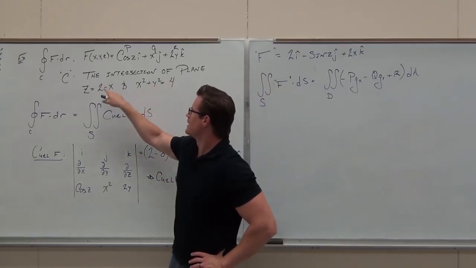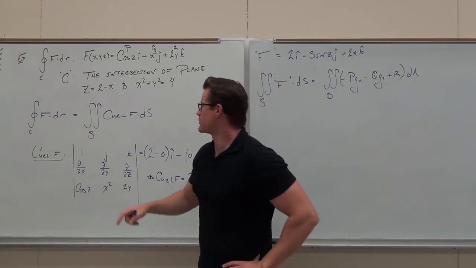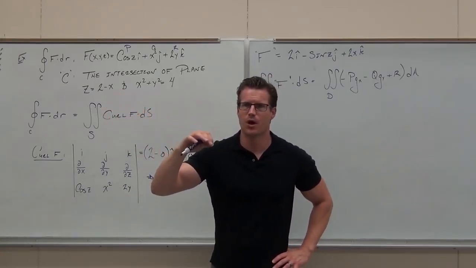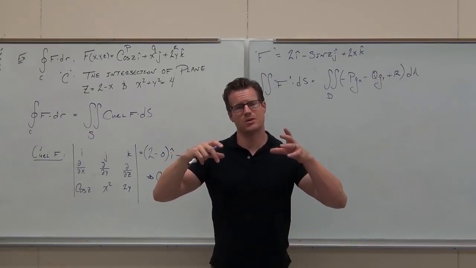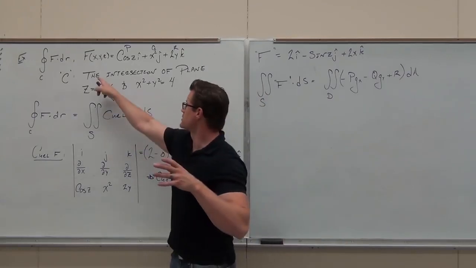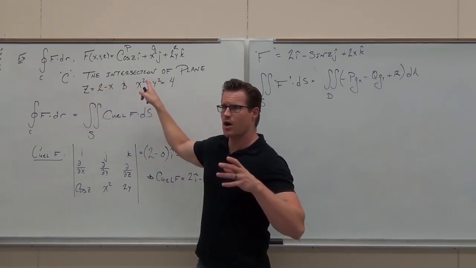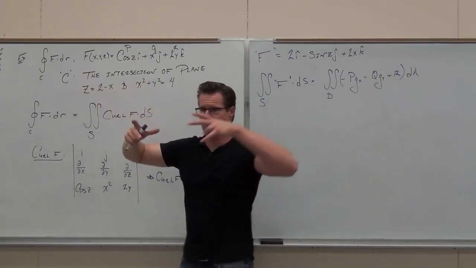This one, well, let's look at the surface. If we define the surface, all I need, now be careful here, is for some surface to have a boundary of this curve, this intersection. Are you listening carefully, please? All I need is any surface that has this curve, the intersection, as a boundary.